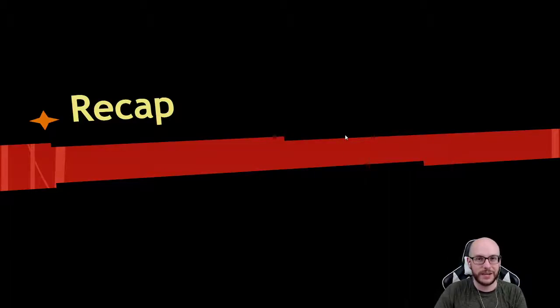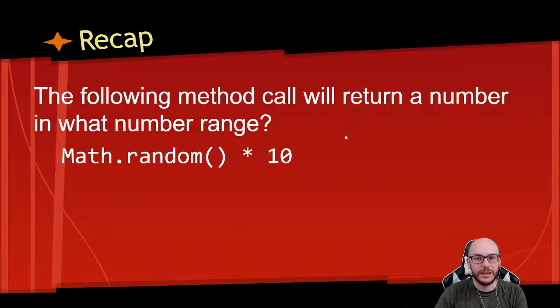Okay, let's recap the stuff that we've learned. The following method call will return a number in what number range? This is some Math.random stuff. I believe we got a quiz coming up, which is why this recap is a little bit bigger. Well, Math.random is going to give you something like 0.0 on the low end up to 1.0, but not 1.0 itself. So effectively, we're taking our 10 and multiplying it by the lowest number possible, 0.0.